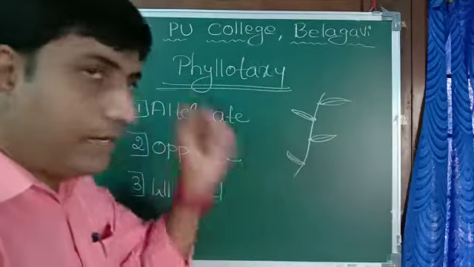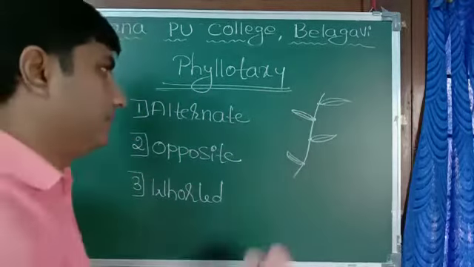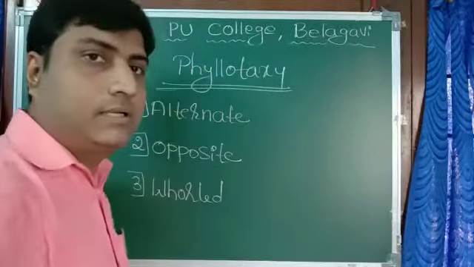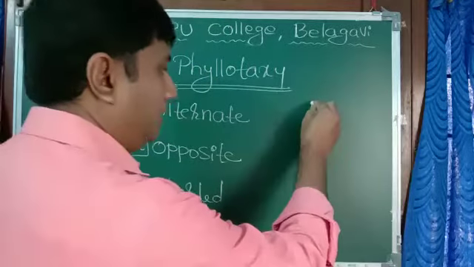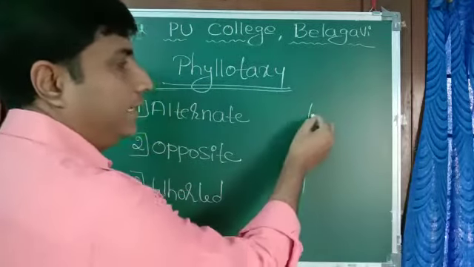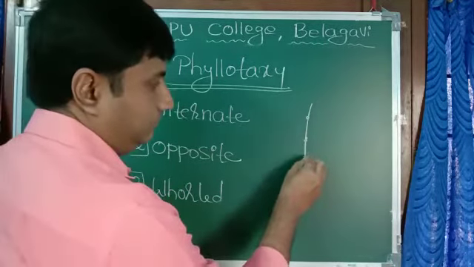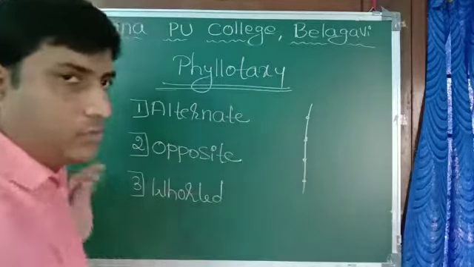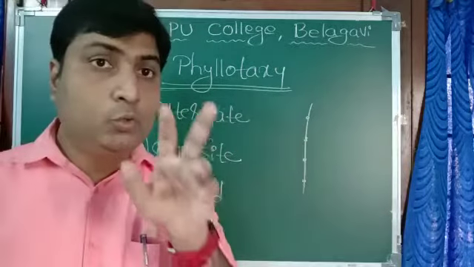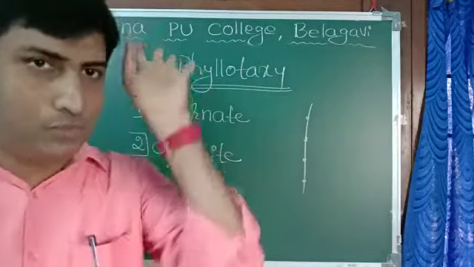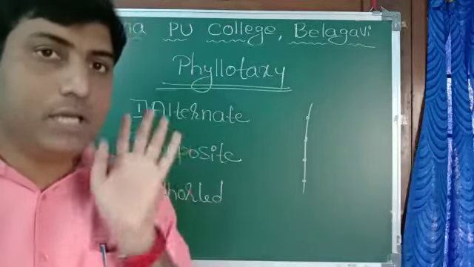Okay. Second one, opposite. What is that, opposite? Suppose this is the stem. And these are nodes. Now, two leaves in one node. Two leaves in a single node.